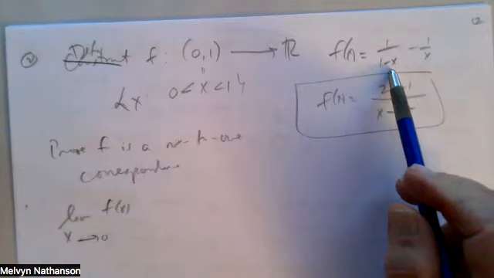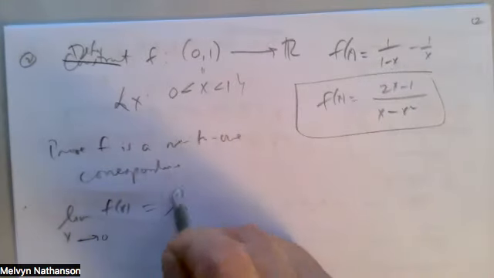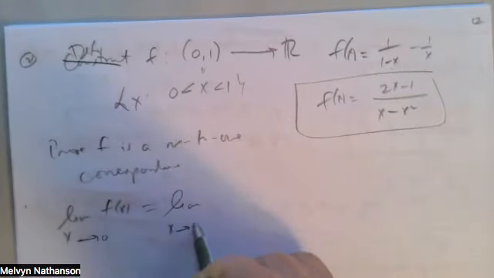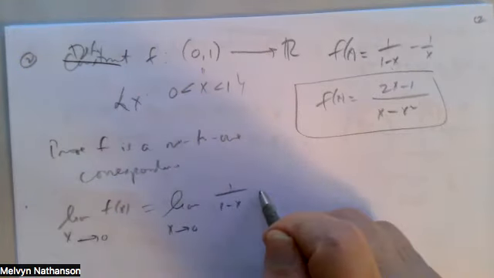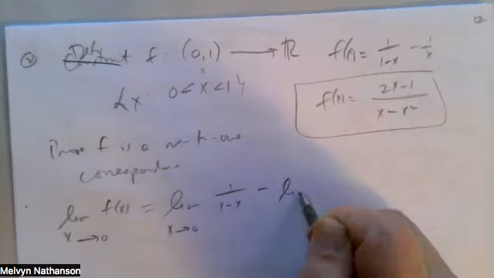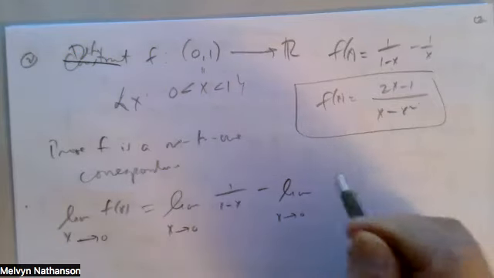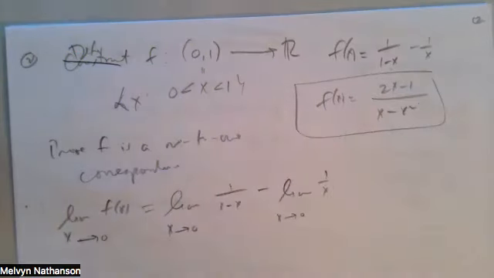So this is the limit as x goes to 0 of 1 over 1 minus x, minus the limit as x goes to 0 of 1 over x.